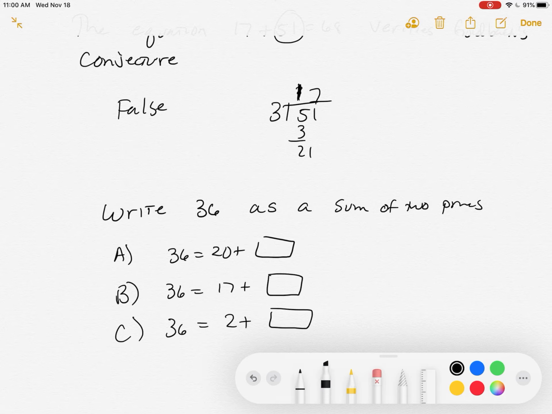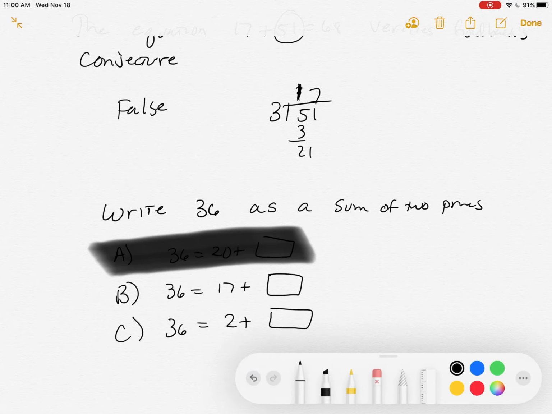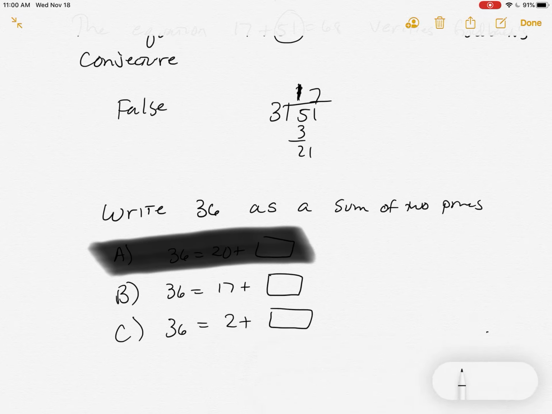The first one cannot be right because 20 is not prime. So that one's gone. So all we have to look at is B or C. Once you rule out one, you'll know it's the other. So if we look at 36 minus 17, well, that's 19.